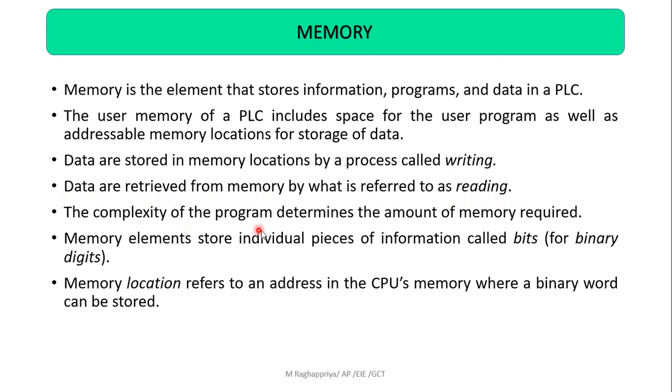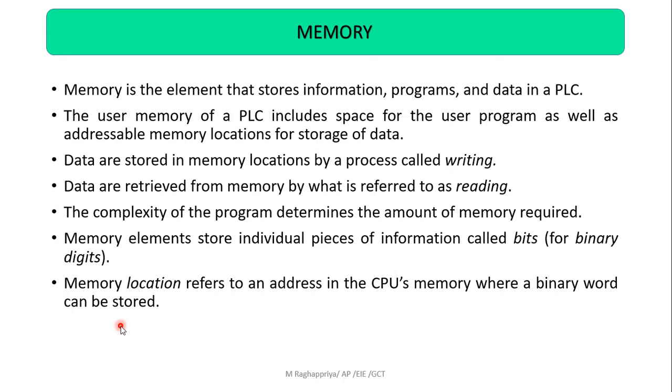The complexity of the program determines the amount of memory required. If the program is very complex, then we will need a larger amount of memory. Memory elements store individual pieces of information called bits or binary digits. A memory location refers to an address in the CPU's memory where that particular data is stored.